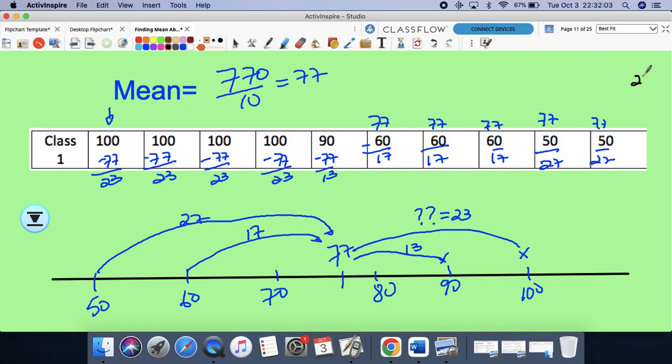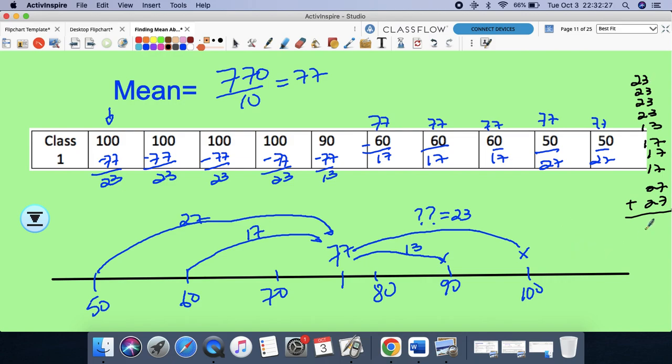So 23, 23, 23, 23, 13, 17, 17, 17, 27, 27. We're going to add them again. So in your calculator, 23 plus 23 plus 23 plus 23 plus 13 plus 17 plus 17 plus 17 plus 27 plus 27.